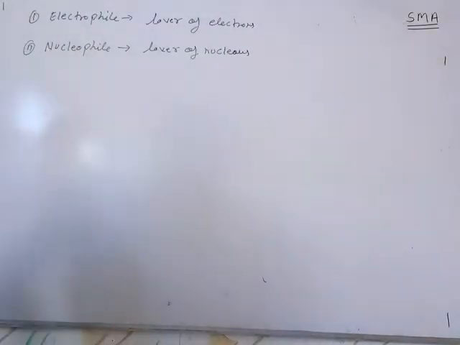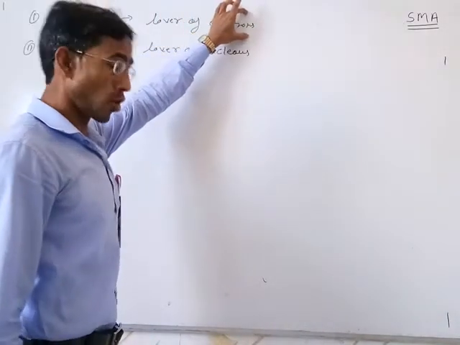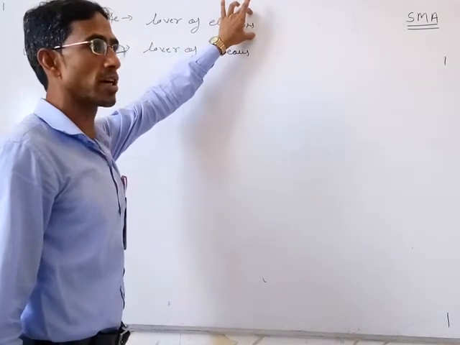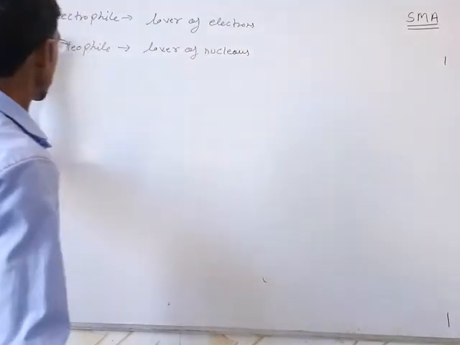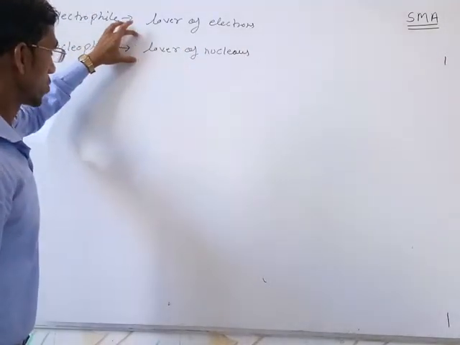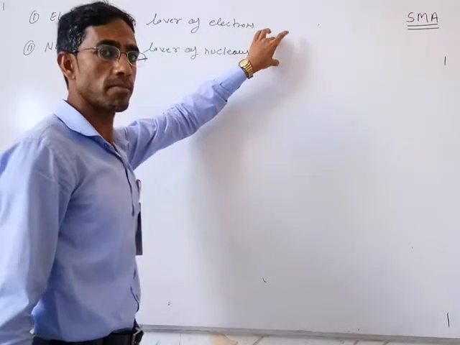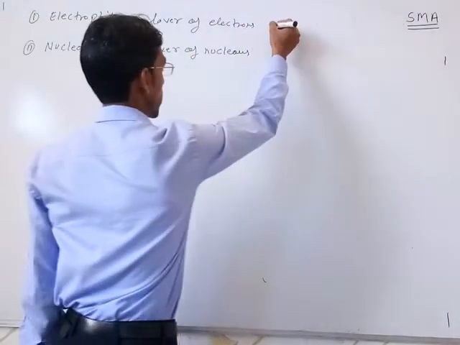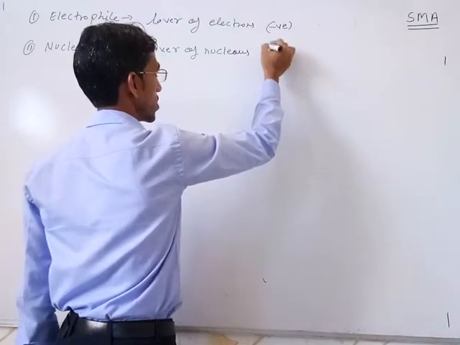Lover of nucleus means it attacks those places which are electron deficient, because electrons contain a negative charge and the nucleus contains a positive charge.